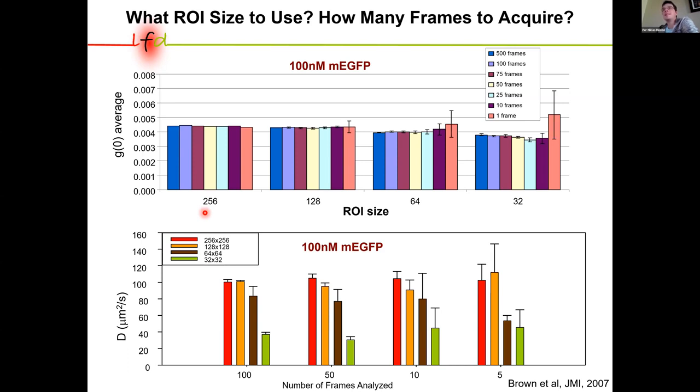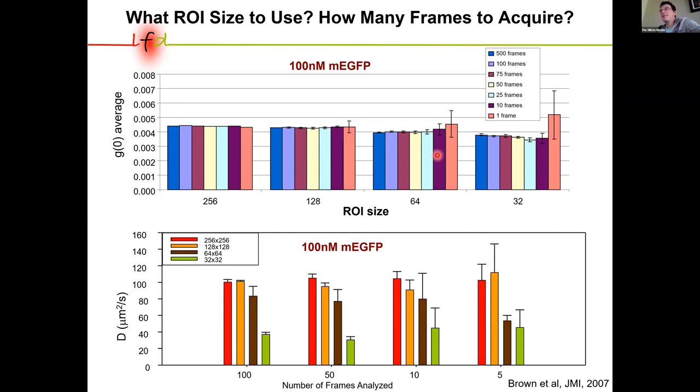Here we took the full image of 256 by 256 pixels and analyzed different numbers of frames. And you can see that you pretty much get the same amplitude, more or less independent of how many frames you took into account. Then a smaller region of interest was analyzed, only a quarter, 128 pixels. You still get pretty reliable results, even as you reduce the number of frames, but you can see that the error increases the fewer frames you use.